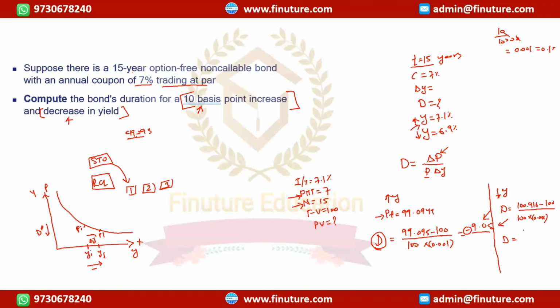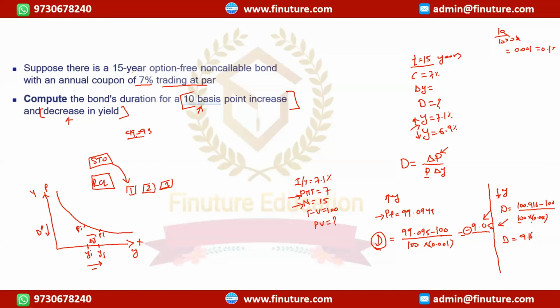I've got that, then I need to subtract 100, store it, then recall it, then divide by 100 into 0.001. So eventually it would be 0.1, and this difference would get multiplied by 10. That's the whole idea, if you want to do it simply. So it would be 9.16.